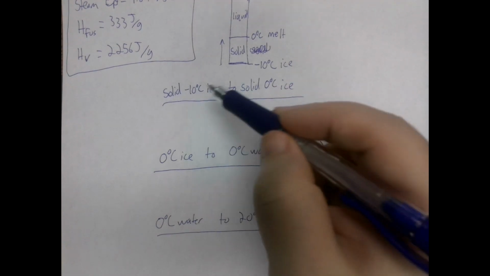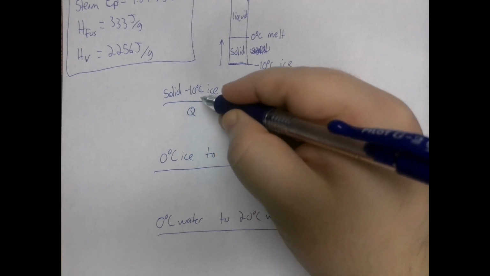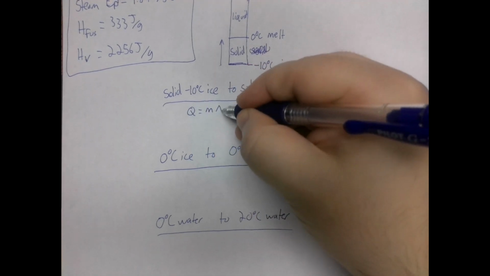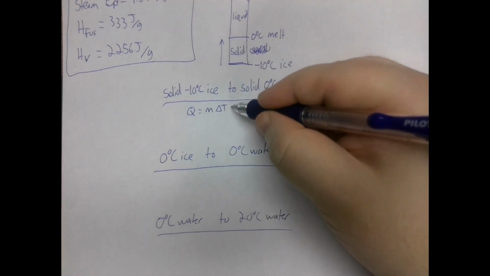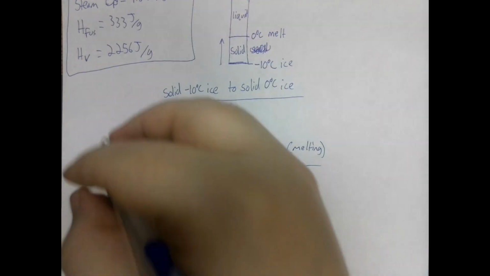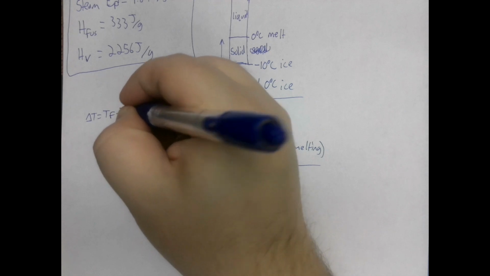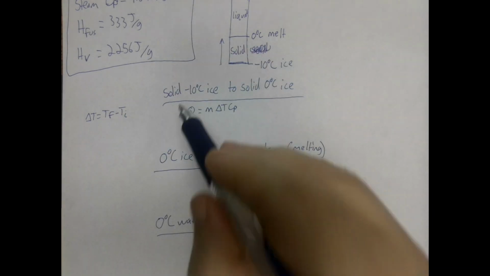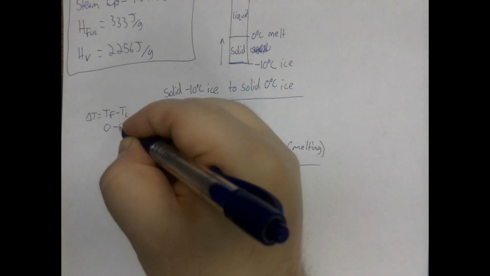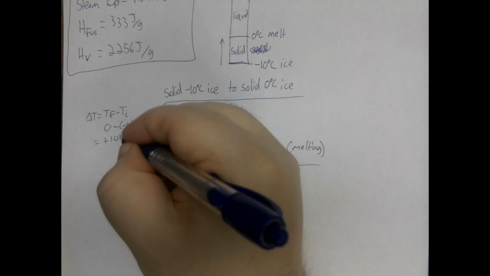When we're in a single phase, Q equals mass times change in temperature times the CP for this phase. Remember that delta T is final minus initial. So 0 minus negative 10 is a positive 10 degrees Celsius.